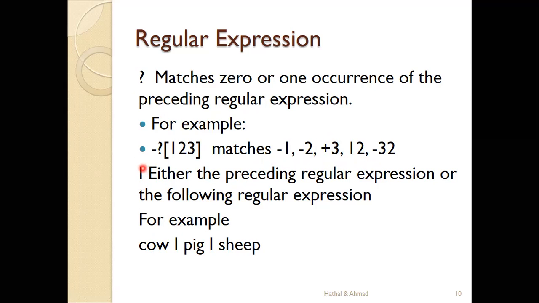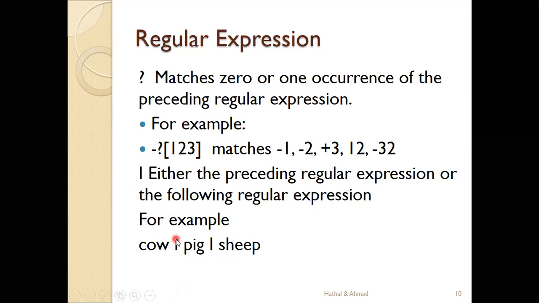This vertical line operator is used to match either the preceding expression or the following expression. A very good example: you have three different options, either you want to select a cow, a pig, or a sheep. When there are different options to select from, we can use the vertical line operator.